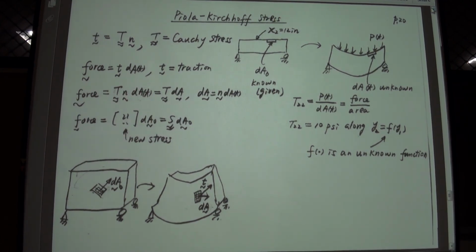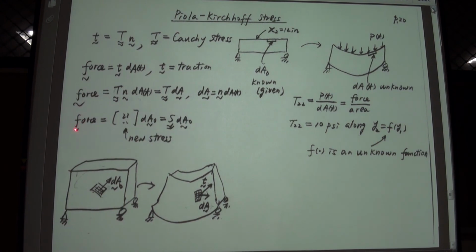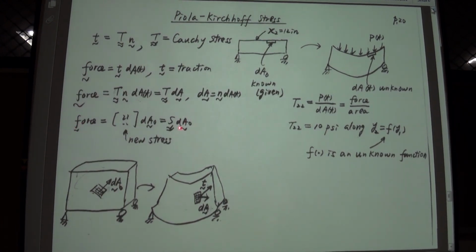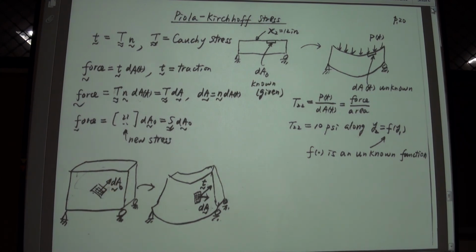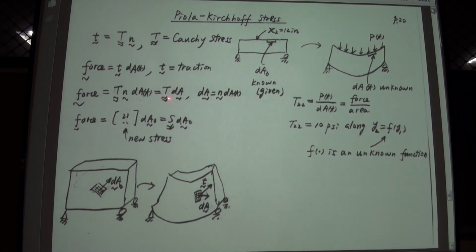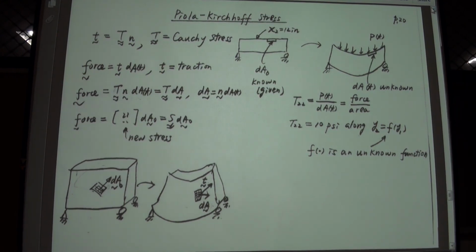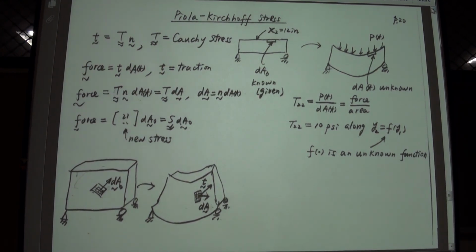And now we ask one question. Can we relate the same force vector to the dA0 here? Understand? We try for the Piola-Kirchhoff stress. Let me come out to write to explain this point.